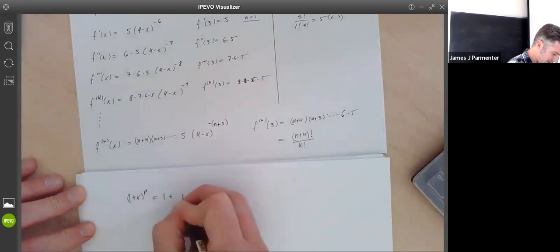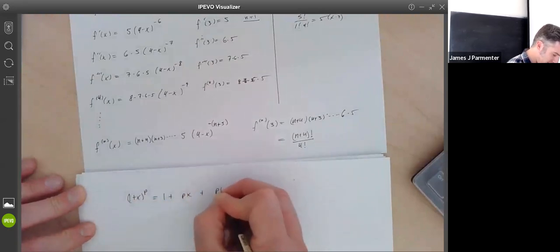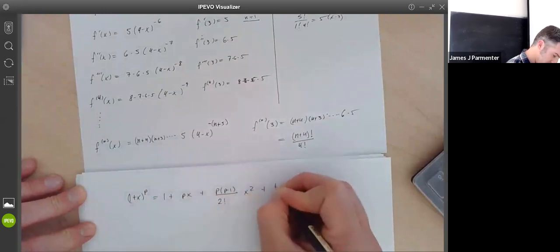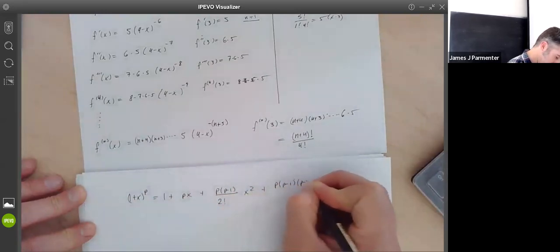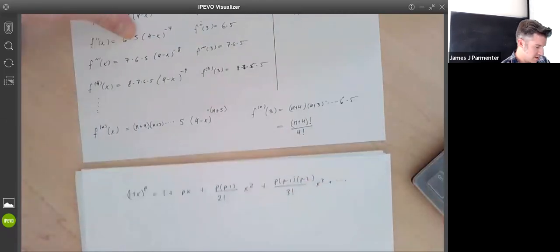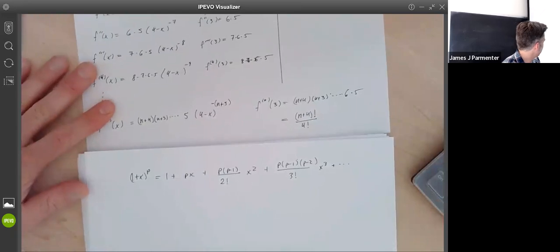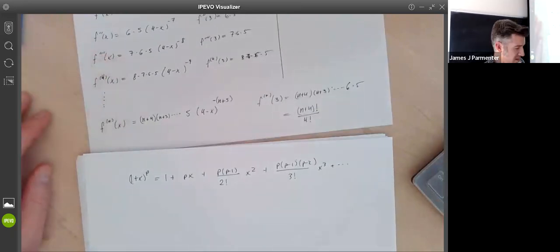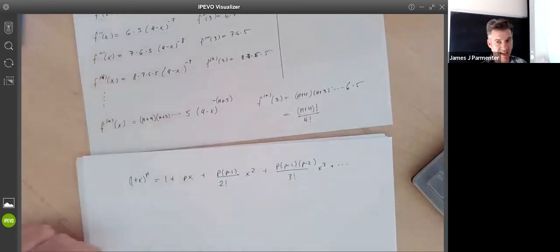So the reason I want to mention this is because it might be easier to get there this way. But you might be thinking, well, James, our thing was centered at 3, and this thing is centered at 0. Well, we can fix it.